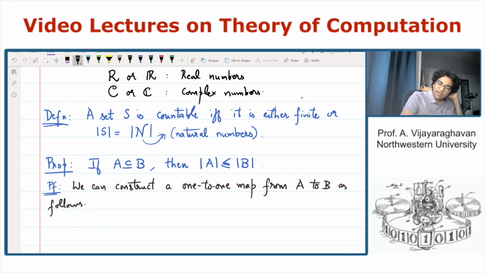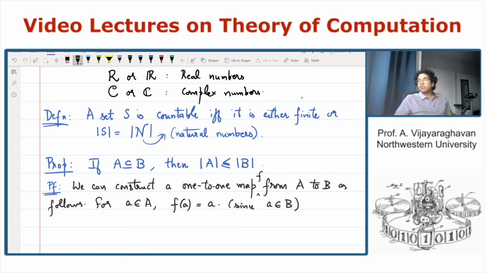Given any small a in capital A, this map will be called F. F of a is just going to be equal to a itself. Now, why is it valid? Well, remember that capital A is a subset of B. So any element small a in capital A is also an element of B. So I can just map a to the same element small a, to itself.